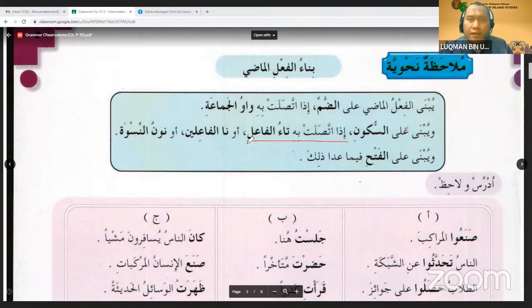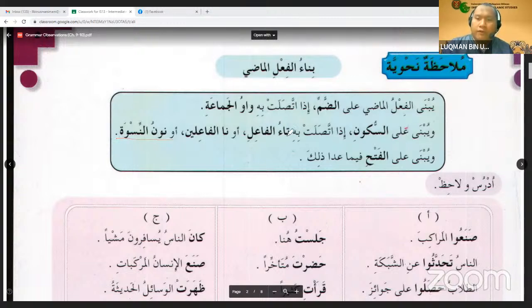This is an attached pronoun. Aw na'ul fa'ilin, or the na of the doers, plural, first person, we. Aw nunun niswa, the noon of feminine plural.